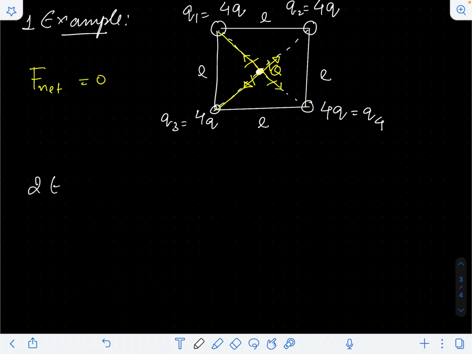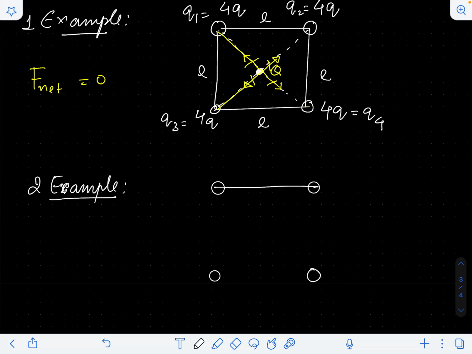So example number 2. Let's see, we have these charges. Again I am drawing this square system.